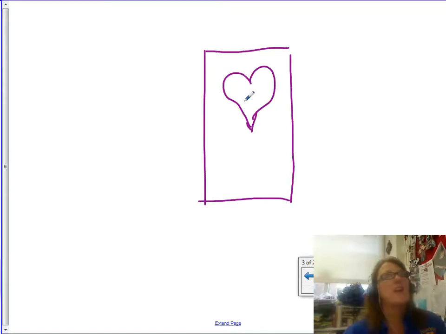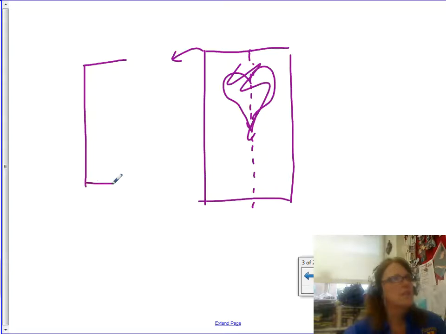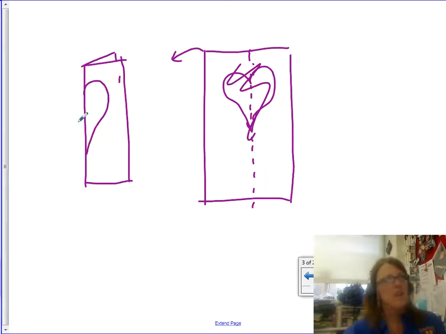And so then someone comes along and says, take this piece of paper and fold it in half like this. And on the fold, if you just draw half of the heart and then cut it out, when you take it out, it looks perfect because you've got this beautiful reflected image.